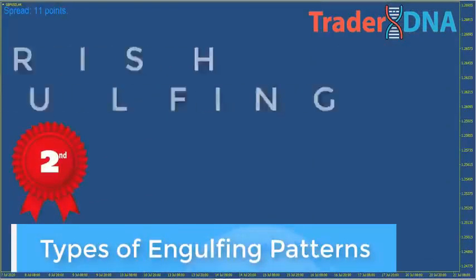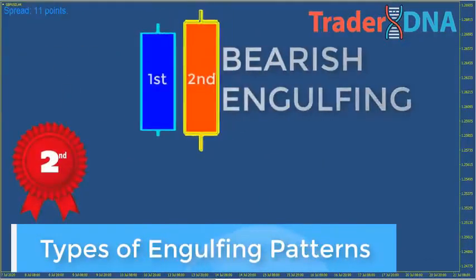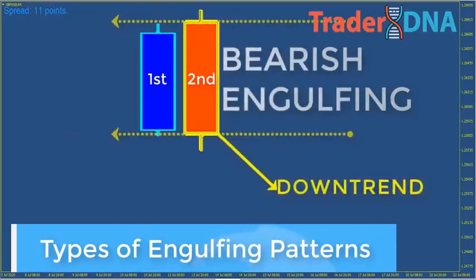Second, bearish engulfing pattern. The bearish engulfing pattern is simply the opposite of the bullish pattern. The bearish engulfing candle often triggers a reversal of an existing trend as more sellers enter the market and drive prices down further. The pattern involves two candles with the second down candle completely engulfing the body of the previous up candle.